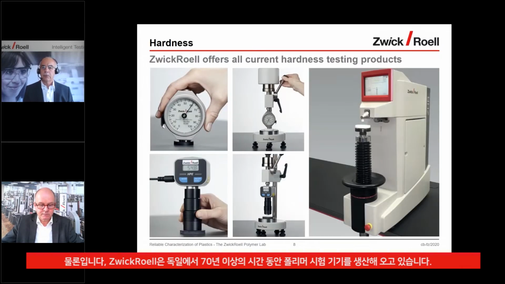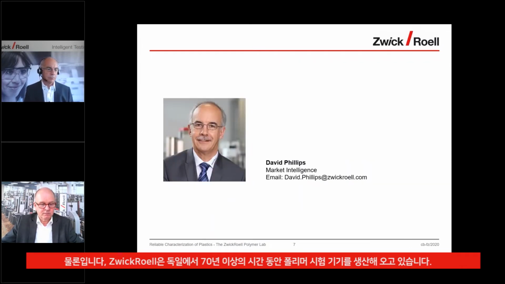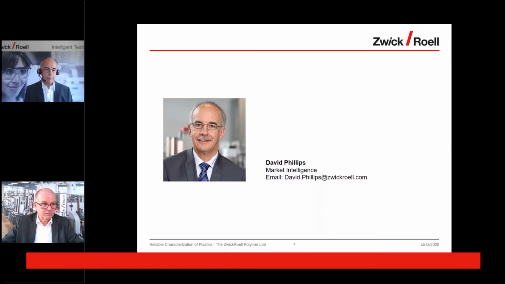Well, Zwicroll has been producing testing equipment for polymers in Ulm in Germany for I guess more than 70 years, and of course we're recognized as a specialist and leader in this field, specifically because we have a strong industrial focus, and of course our customers are among the biggest petrochemical companies in the world.